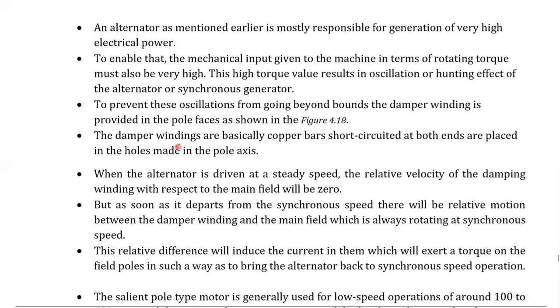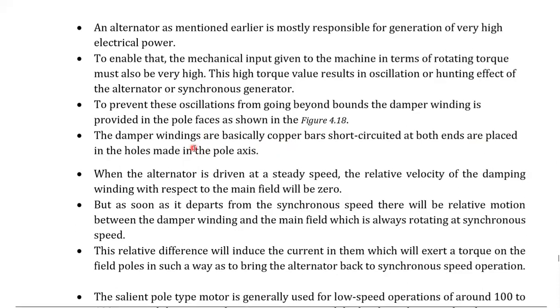The damper winding is basically copper bars, short circuited at both ends and placed in holes made in the pole axis. The ends are short circuited with end rings, same as in a squirrel cage induction motor.